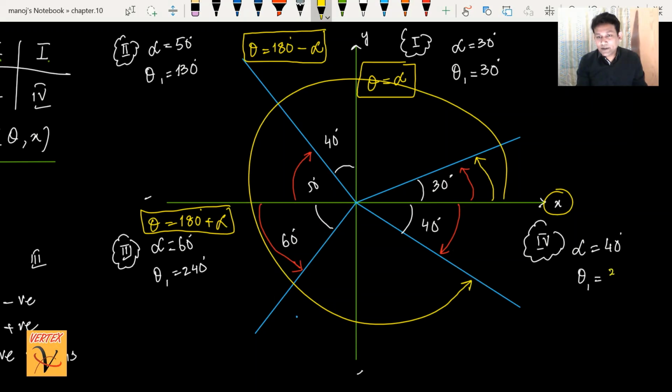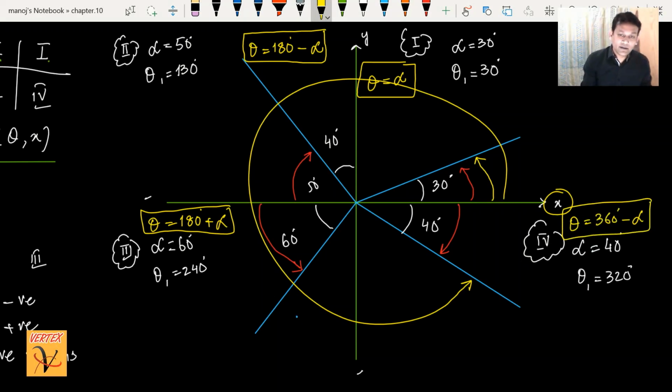So I will write 320. If this is 320 degrees, what's the rule we can write for this part? Theta is always equal to 360 degrees minus alpha for the fourth quadrant. These are the rules, and I will write it.